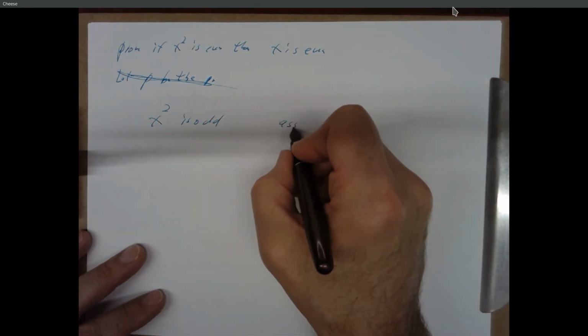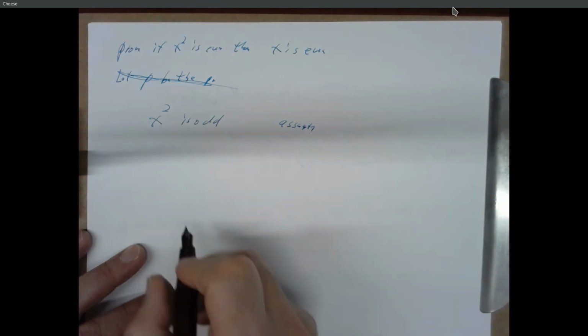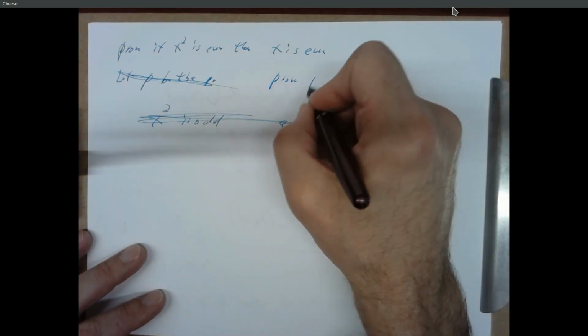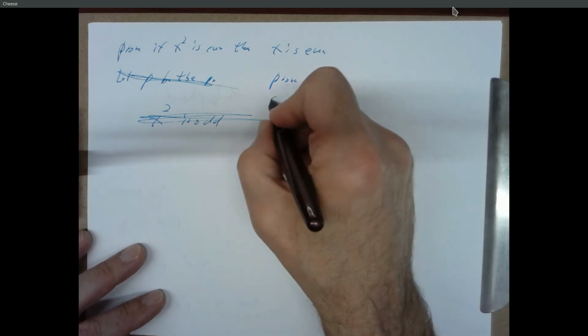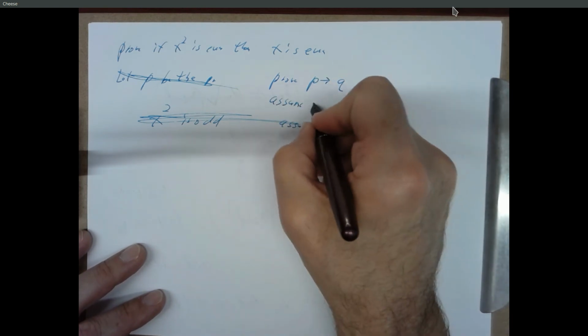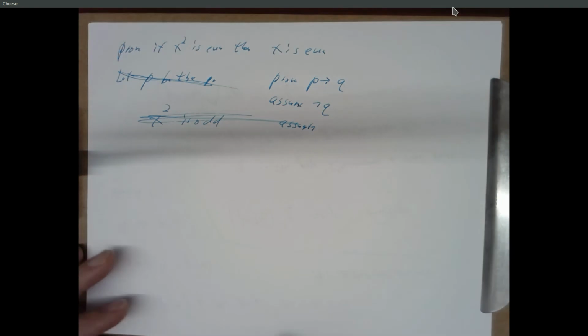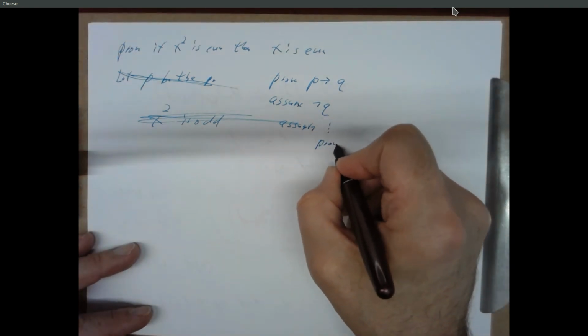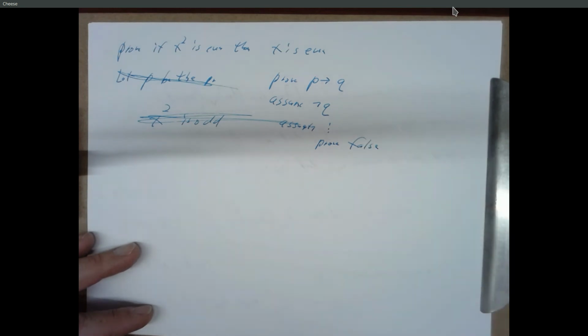And that's an assumption. Sorry. We're trying to prove if P, then Q. So assume the negation of Q. And then prove false.